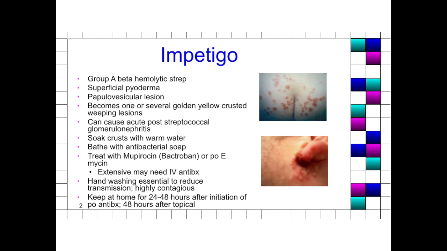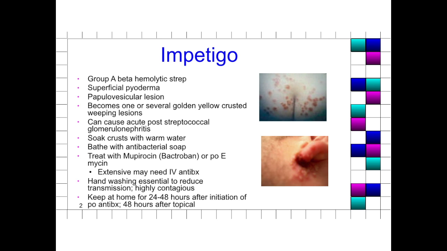Eventually, these lesions coalesce, meaning they come together, and they become one large golden crusted weepy lesion, and the crust tends to be yellow. Impetigo can cause an acute post-streptococcal glomerulonephritis.